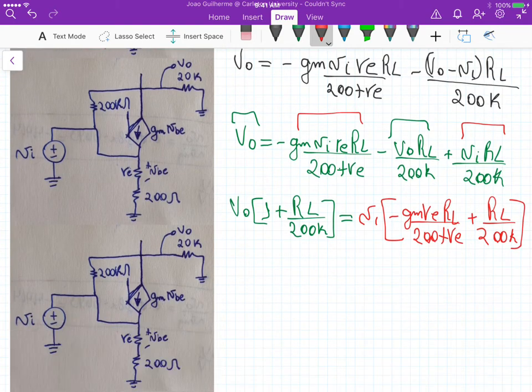And now we can obtain the overall voltage gain, V out over VI.